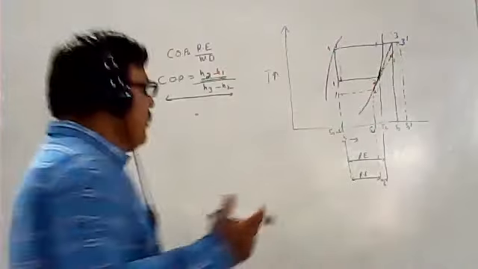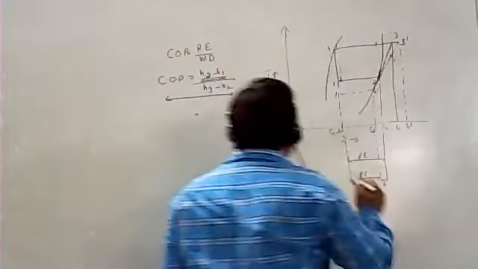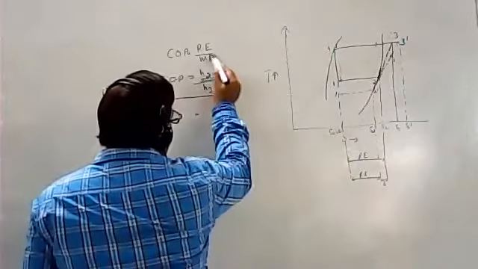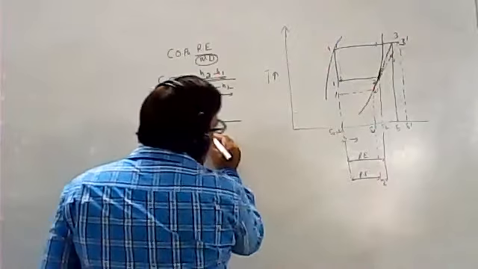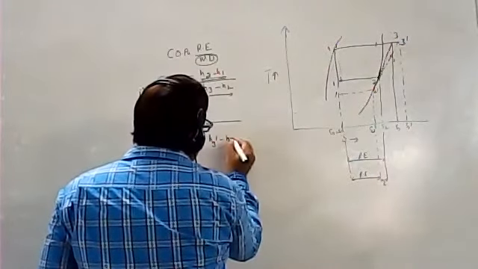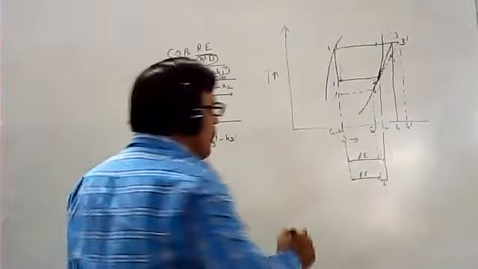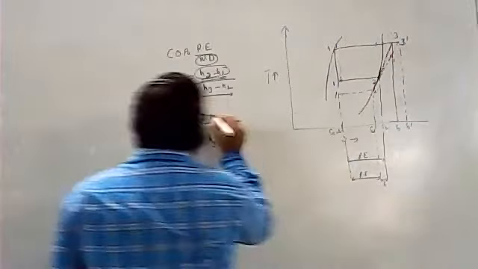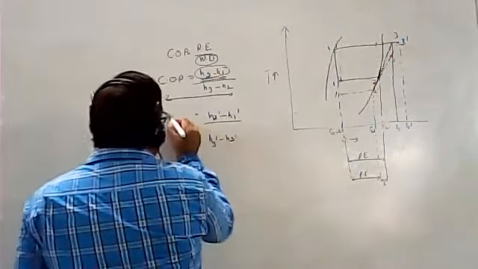Look at here, your compressor work will get increased from 2 dash to 3 dash. In this case, your compressor work will increase to H3 dash minus H2 dash, and your refrigeration effect will get reduced to H2 dash minus H1 dash.